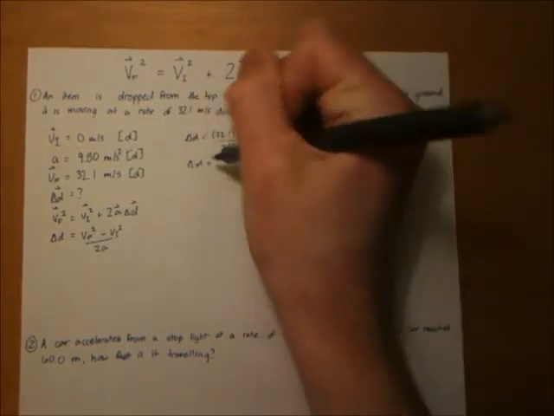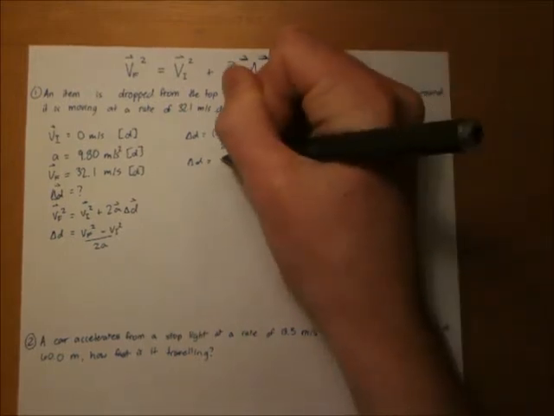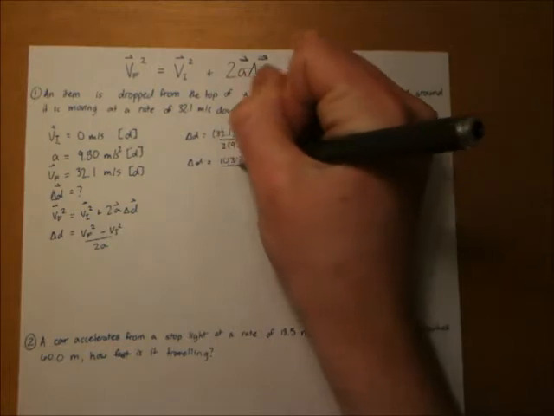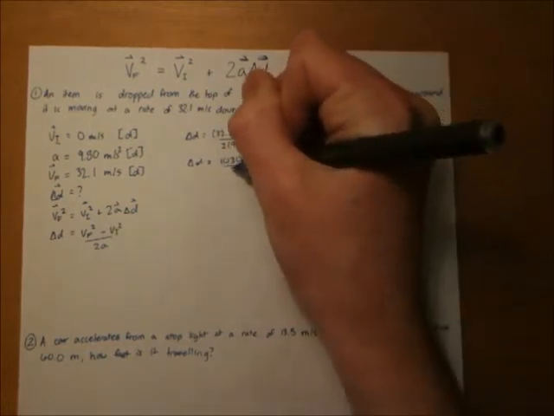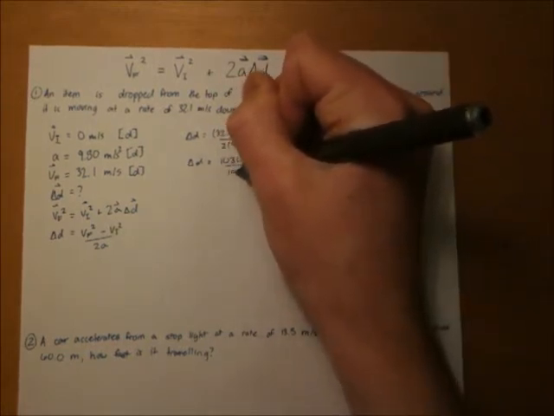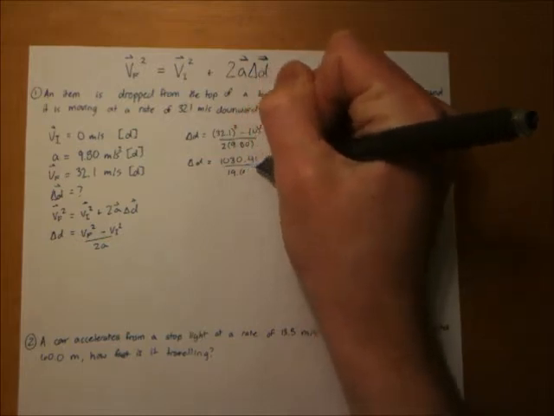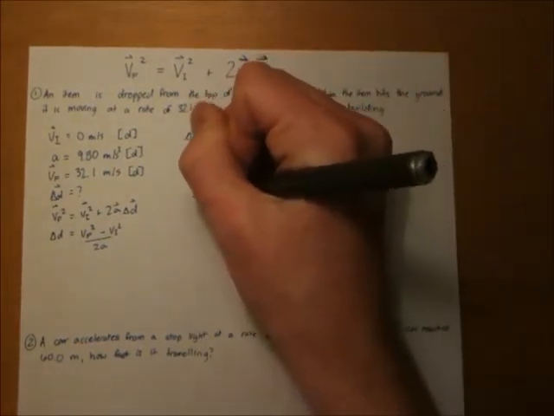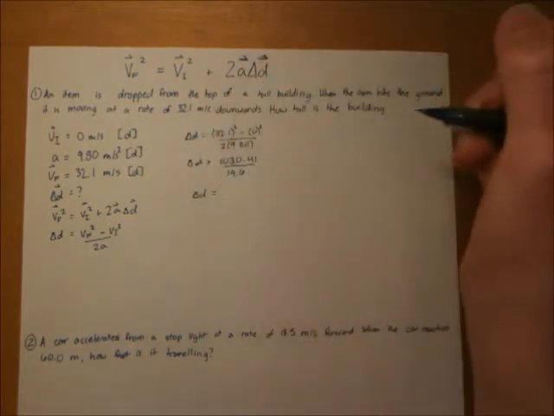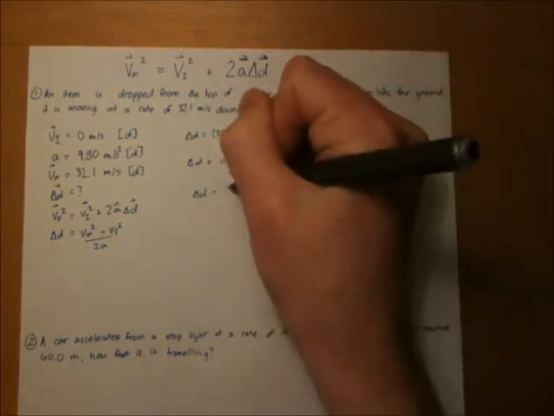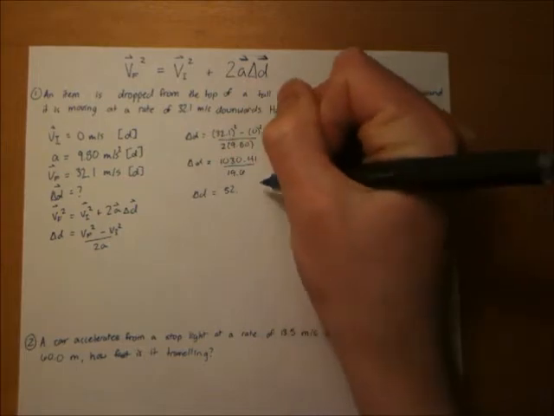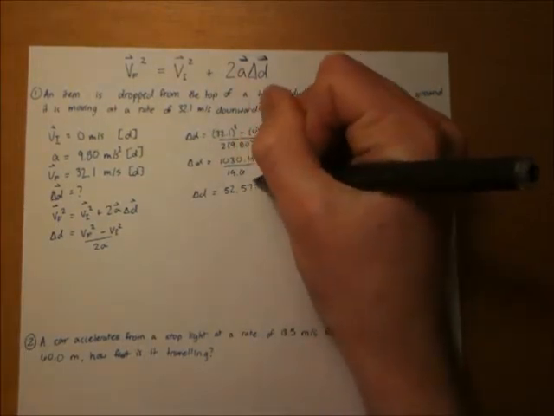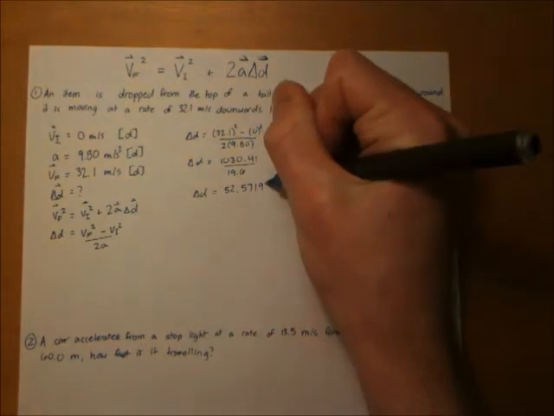Delta d is equal to 1030.41 over 19.6, and then we solve. Delta d is equal to 52.57194.